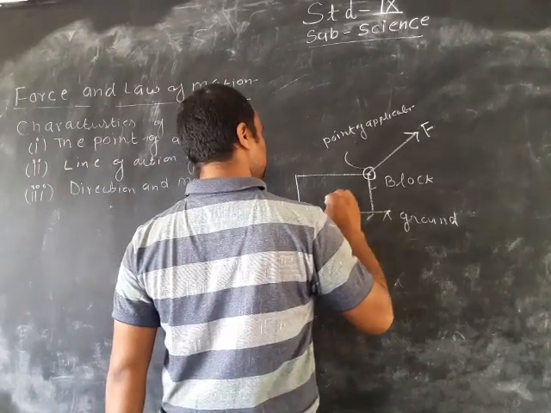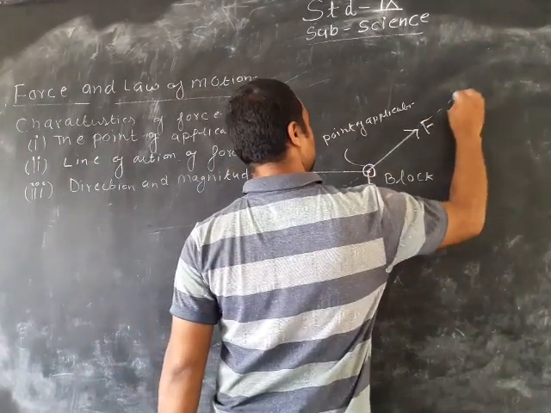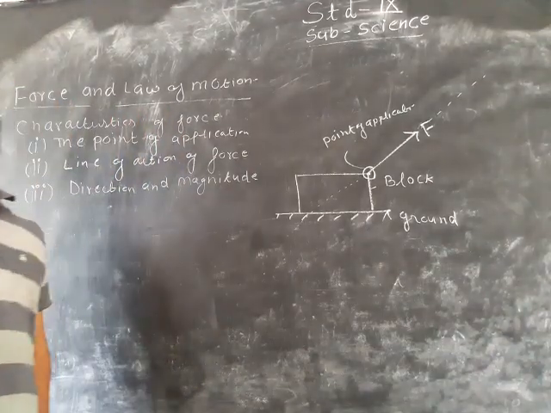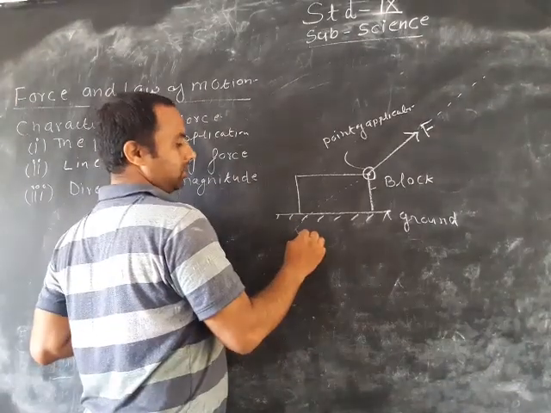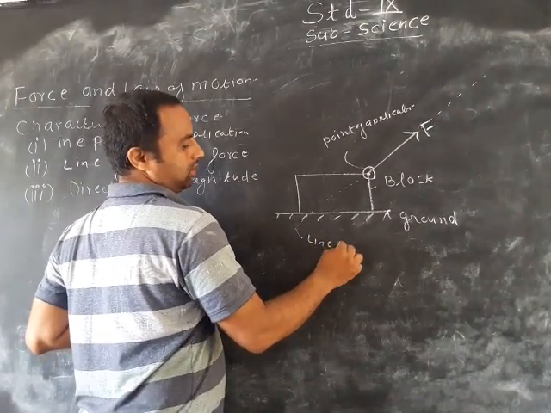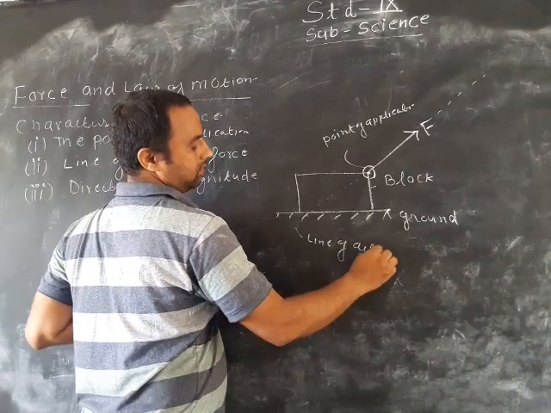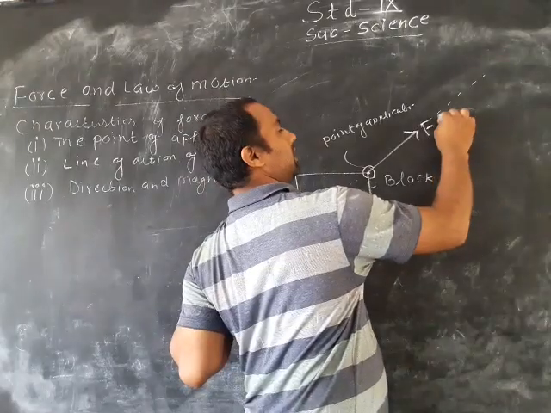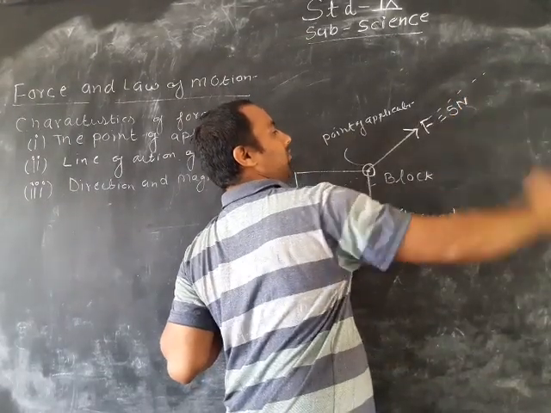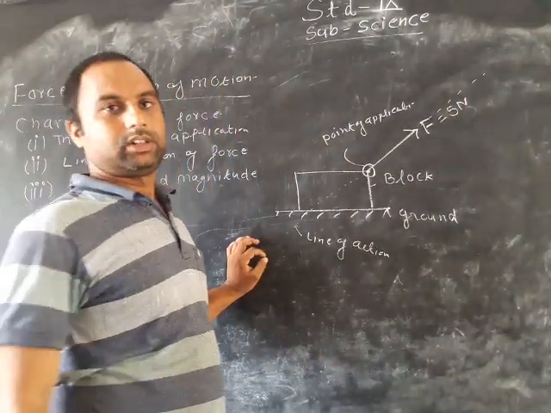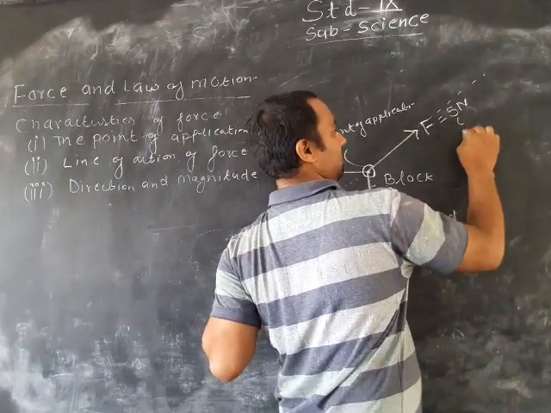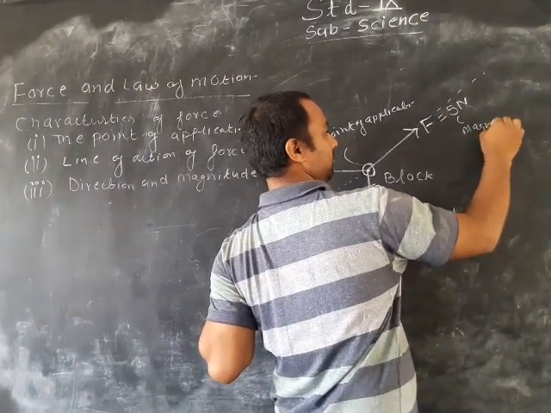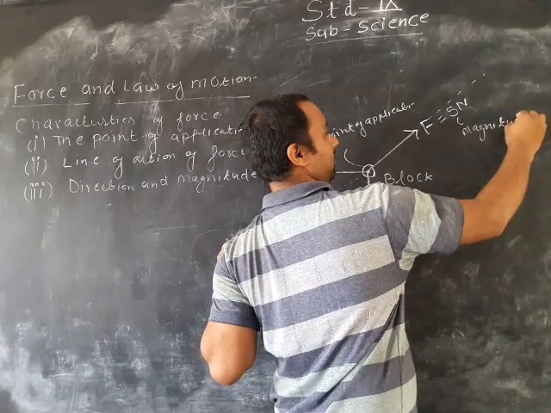The line of action is the line along which the force is active. Suppose we take 5 meter; 5 is called the magnitude of force.